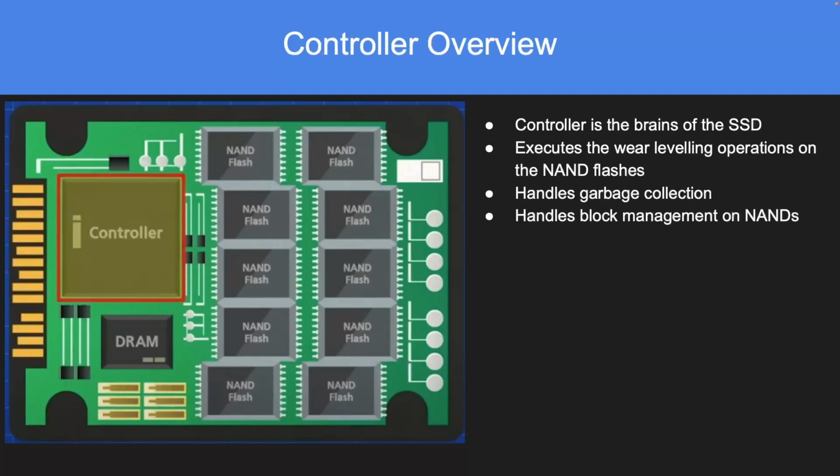It also handles our garbage collection. So when something is deleted off of these drives, the controller will allocate and deallocate the space based on whatever we see here. And it also handles block management across the NANDs. So whatever data blocks are being used to store data, it knows where everything is and knows where to put things.